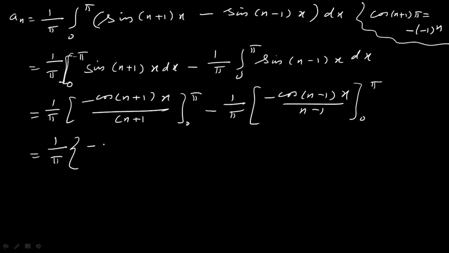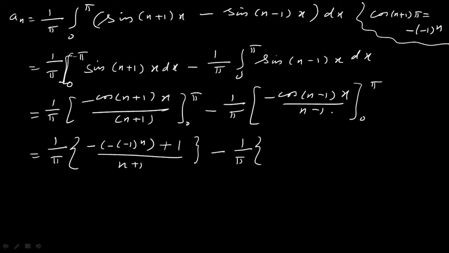So minus of (minus 1) whole power n. So the upper limit is over. Coming to the lower limit, what is your lower limit? 0. So if you replace x by 0, what happens? Minus of minus, plus cos 0, 1. So the denominator is common, that is n plus 1, isn't it? Minus 1 by pi.